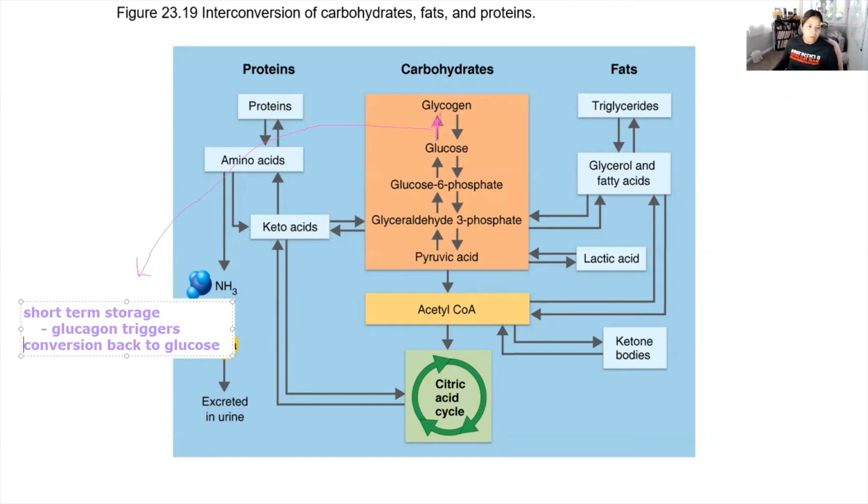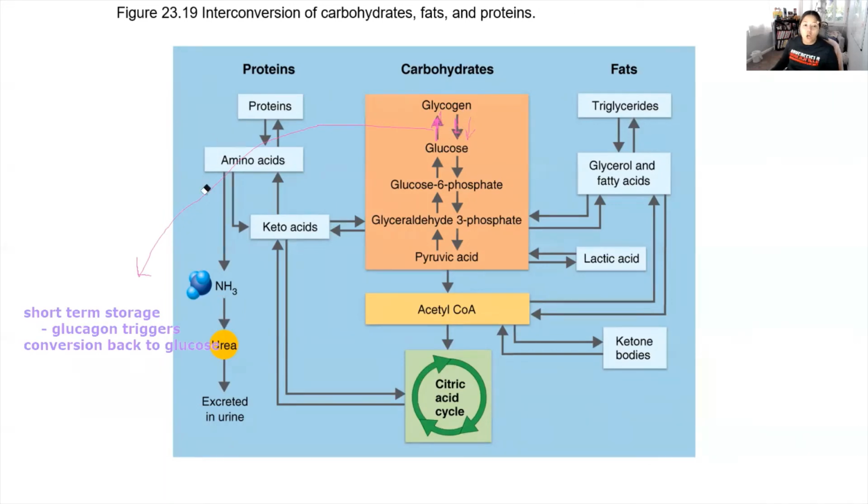Oh, I wanted that to go here. That's okay. But you should know that the conversion of glucose into glycogen for storage is only a short-term storage. And as soon as our blood glucose levels drop, we will be converting that back into glucose. So we'll be going in this direction, this one right here. Try to color it in again, but I'm not very good at it. But we'll go in that direction.